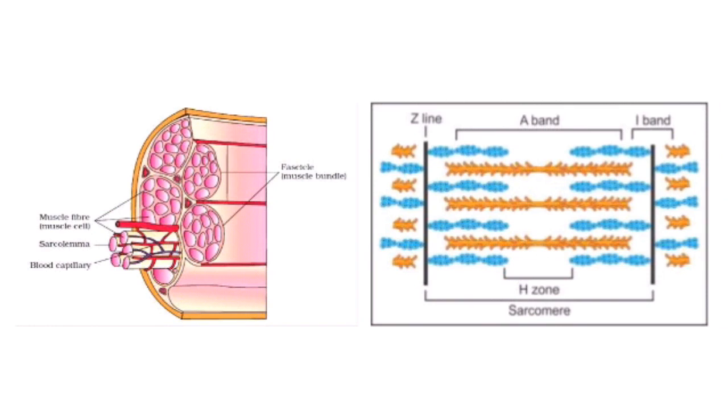Between that, just in the middle of the A band, is the H zone. And the sarcomere, that is a unit of contraction. Actin basically slides under myosin during contraction.